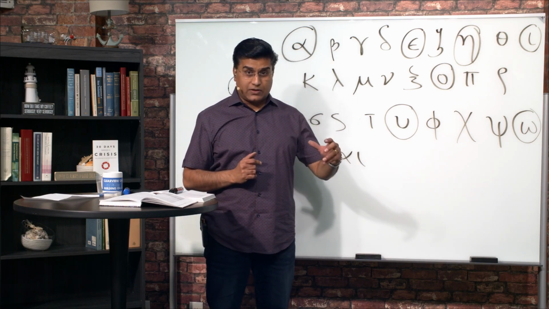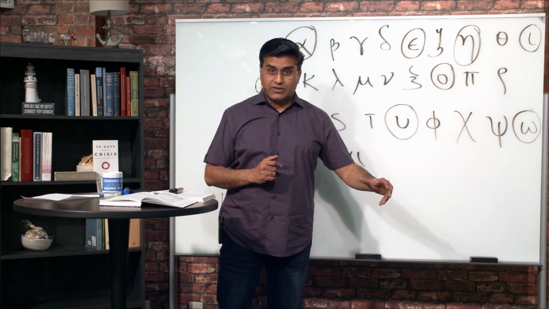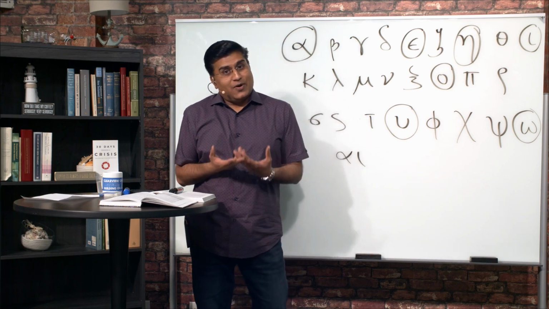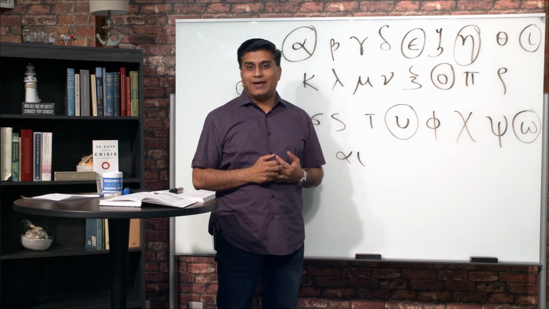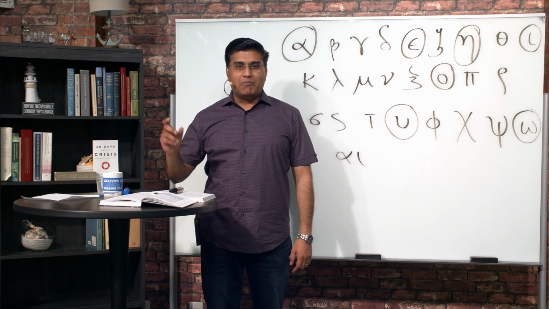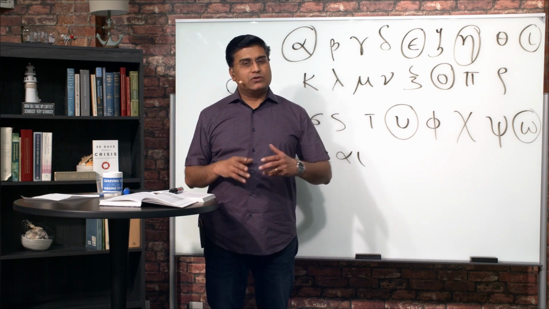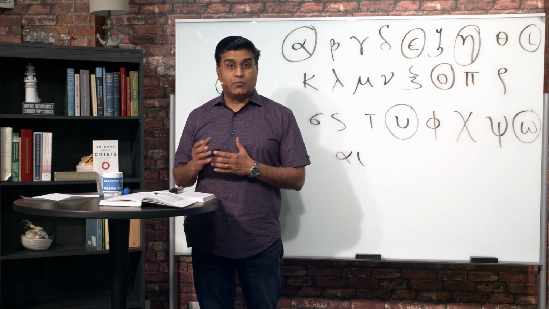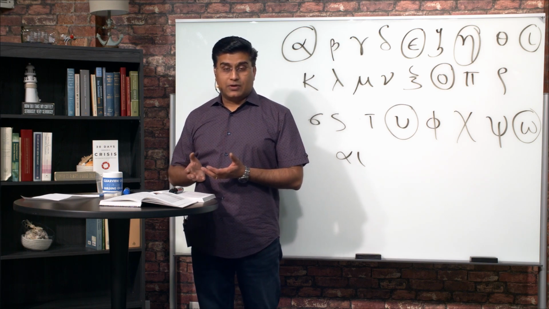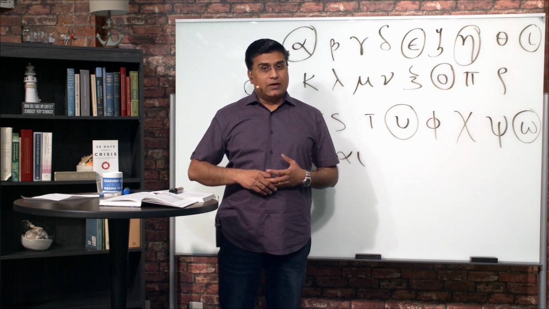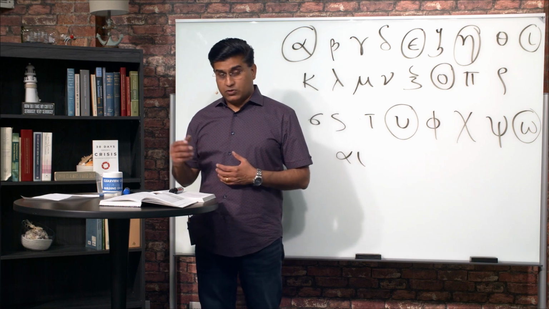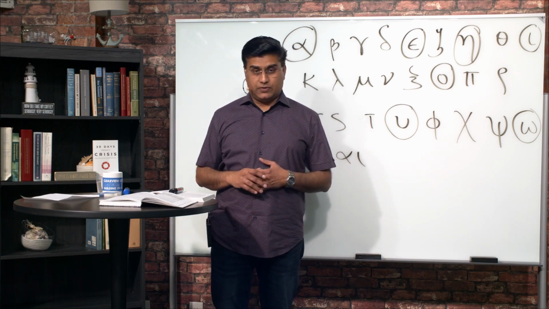One is the classical Erasmian pronunciation, kind of what I grew up on when I studied Greek. And then there is the Koine modern pronunciation, which scholars have come to believe is more accurate.